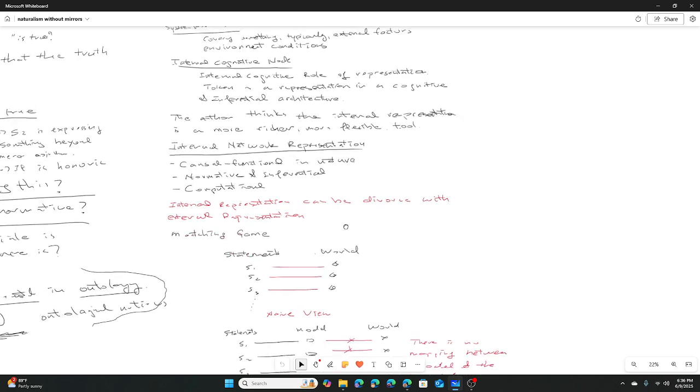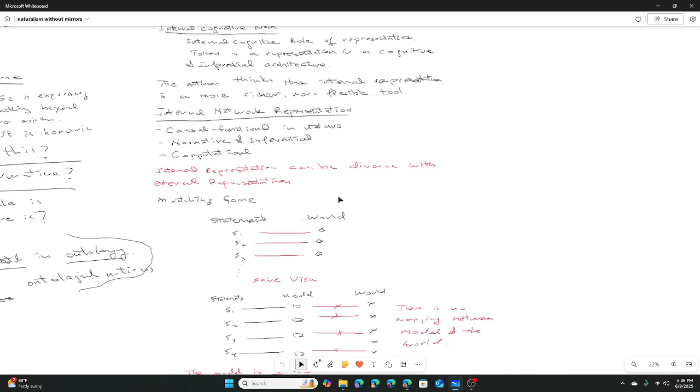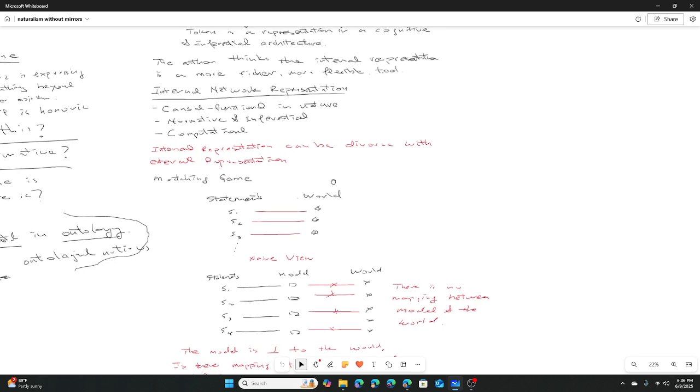Going back to the beginning of this paper, the author talks about the matching game. In the matching game, you have a ledger. On the left hand side, you have statements, and on the right hand side, you have facts about the world. The author described this view as the naive view.